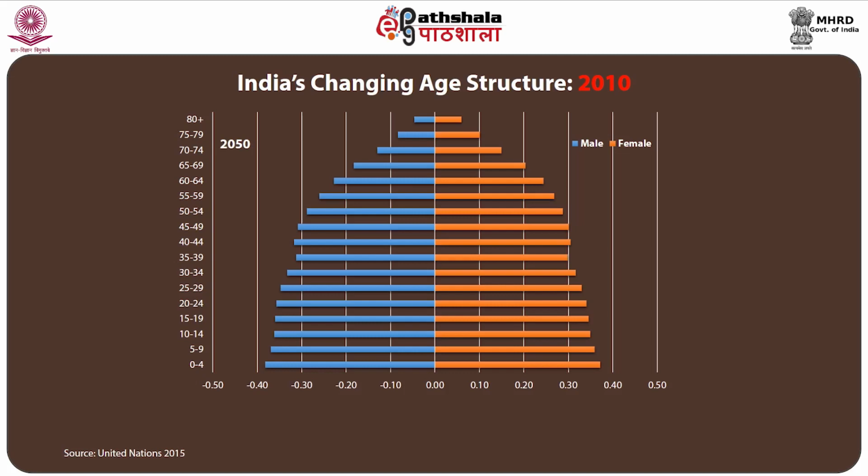In the 2011 census, the number of people in the 0 to 6 age group, the child age group, is lower than in the 2001 census, indicating that the number of children added to the population is lower than in previous decades.